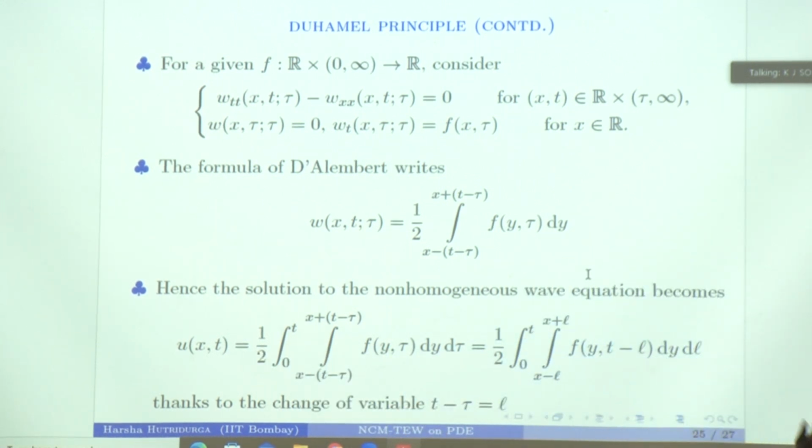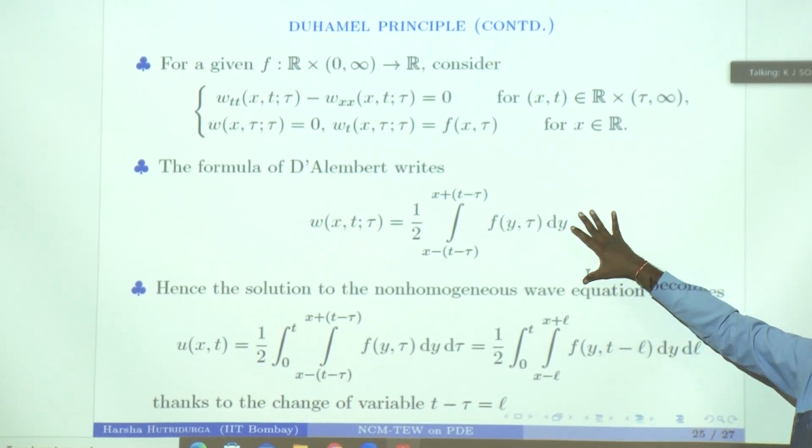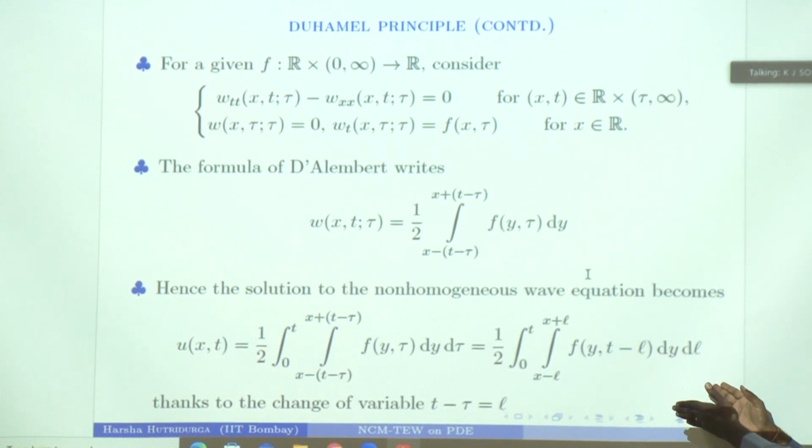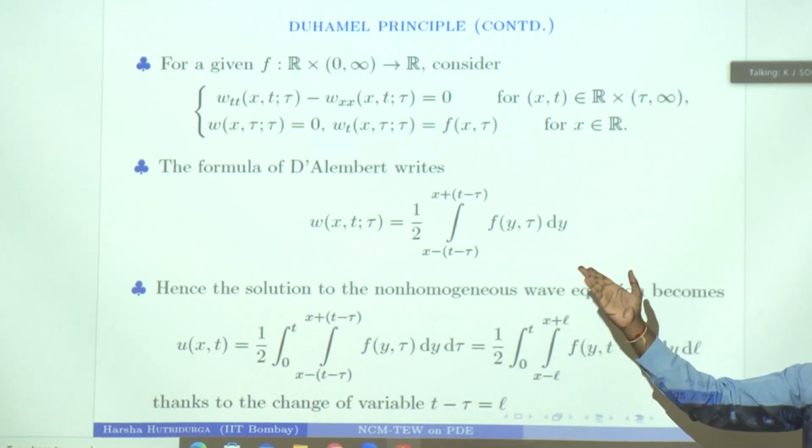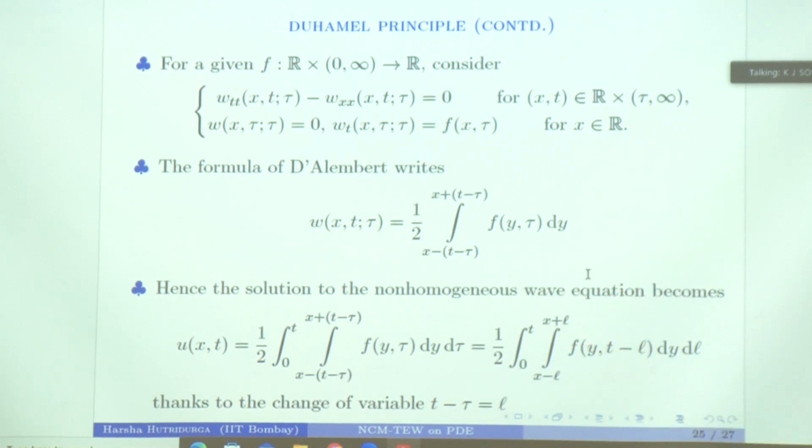Like if there is an initial value problem with zero data but only a source term, we should not take Duhamel's principle as, I have to solve a bunch of problems for W. That is done already here. So this is a recipe again. If somebody gives you a source term f, you blindly write down this expression, compute it, and that gives you the solution to the wave equation with that as the source term.